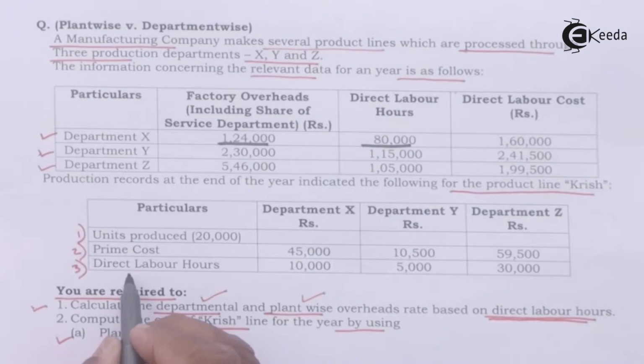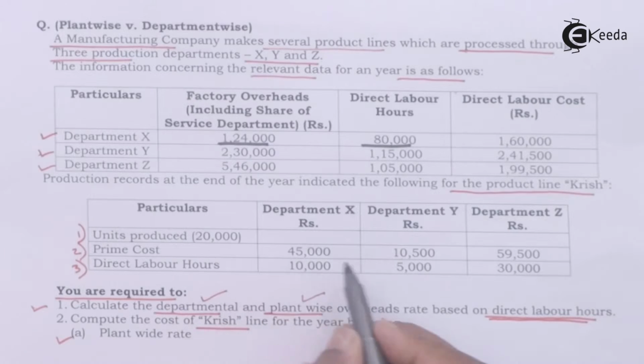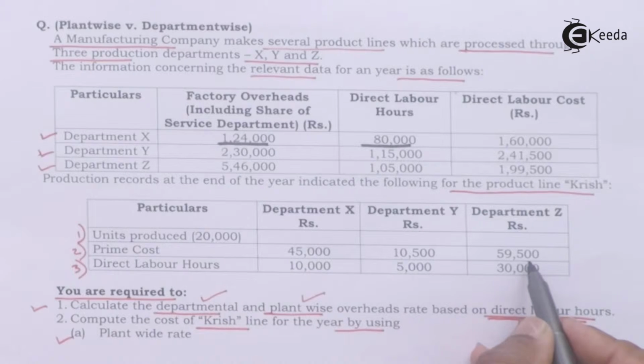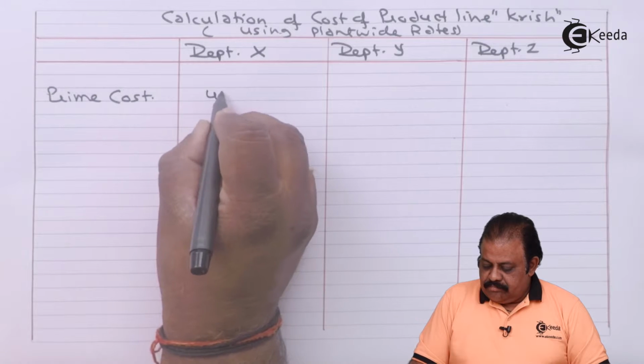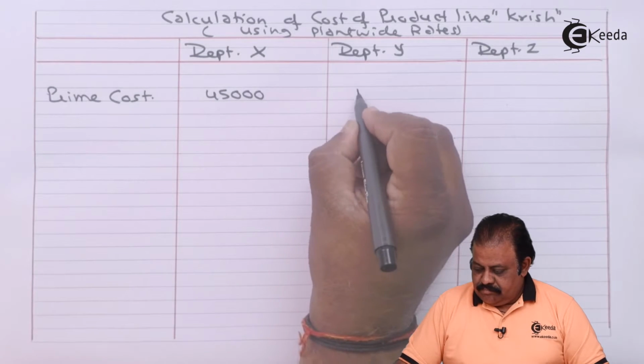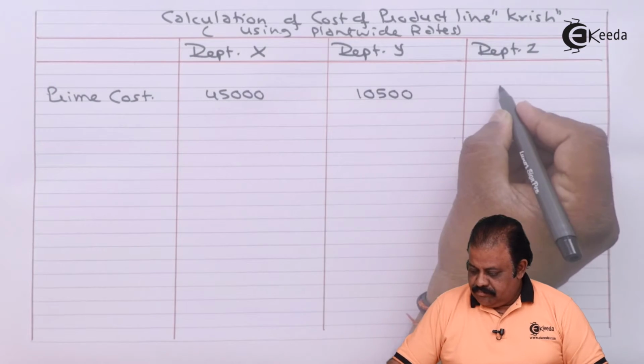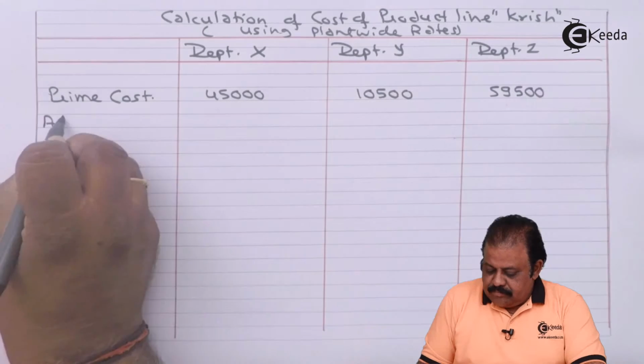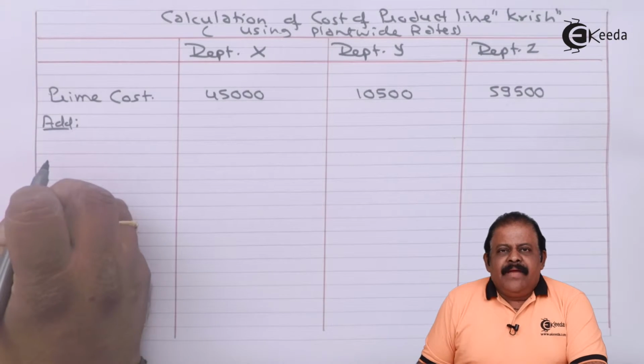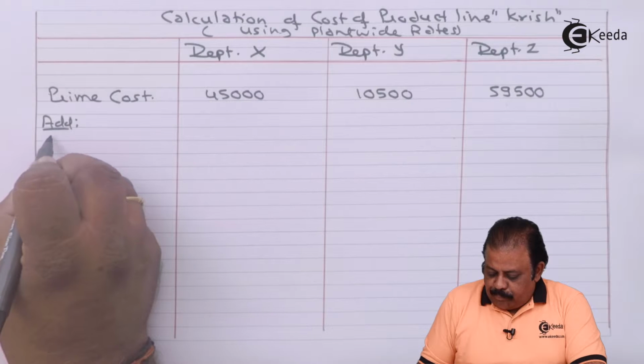Prime cost they have given here 45,000, 10,500, 59,500. We'll be adding overheads here.